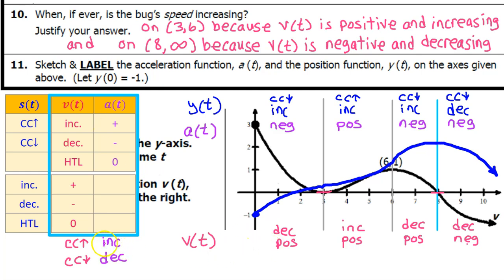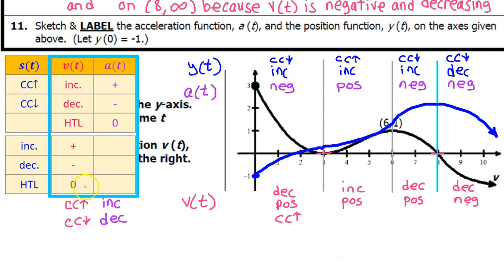So let's go back and label velocity as concave up or concave down in each of these intervals. Actually, I just realized we need another vertical line to show where velocity changes concavity. So velocity is concave up, and then somewhere in here it becomes concave down.